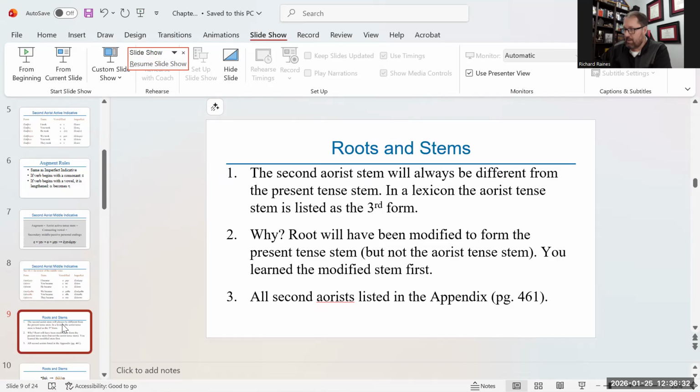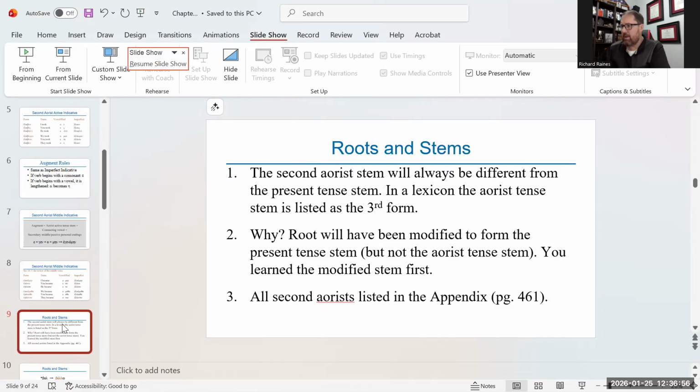According to these rules that Mounce tells us about, the third one that's listed is going to be that aorist tense stem. And that's what you want to be concerned with, that aorist tense stem.